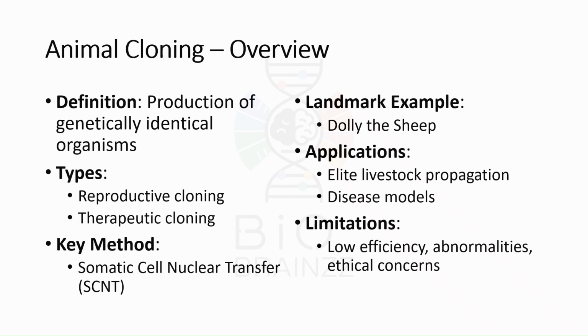A famous example is Dolly, the sheep, the first cloned mammal. Cloning is useful in livestock improvement and disease research. However, it has limitations like low success rate, abnormalities, and ethical concerns.